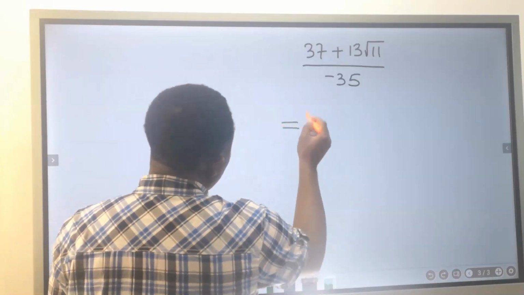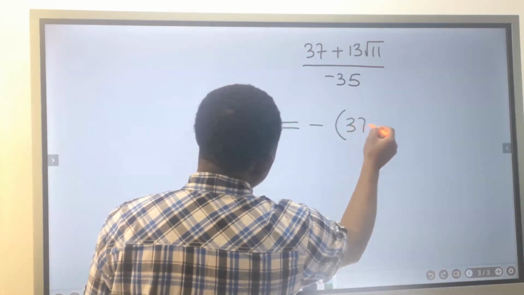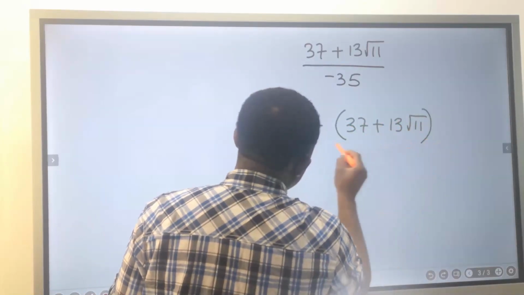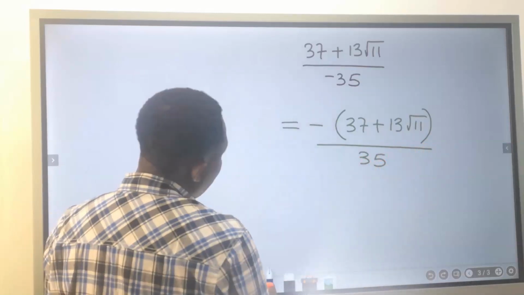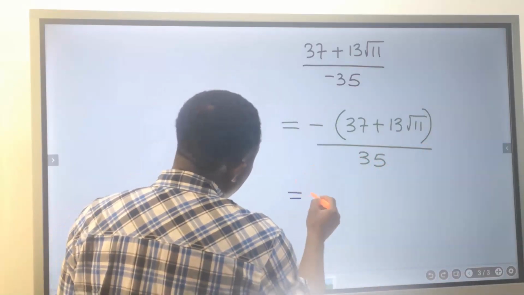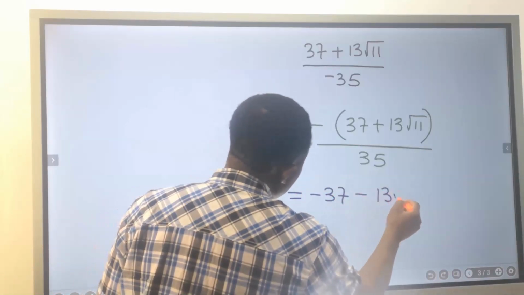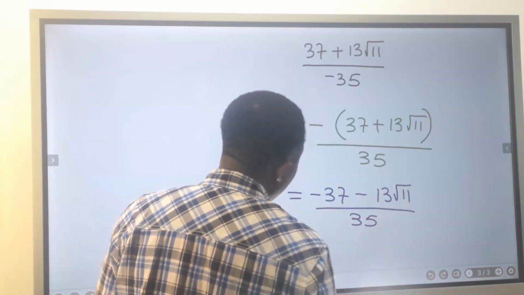Here we're going to have minus of 37 plus 13 root 11, everything divided by 35. Next, we're going to have minus 37 minus 13 root 11 divided by 35.